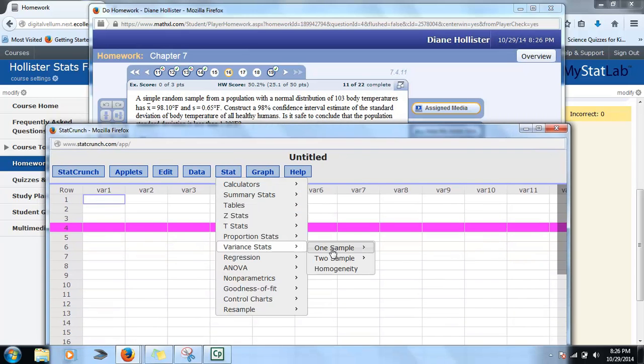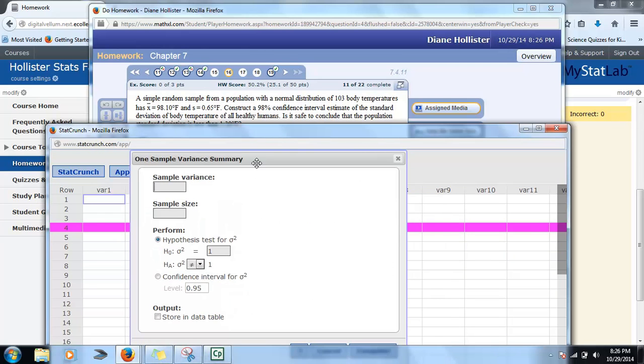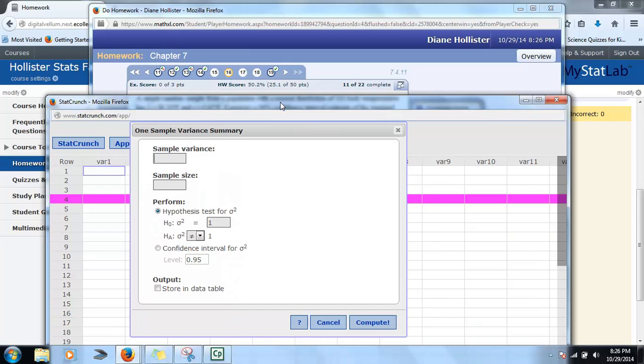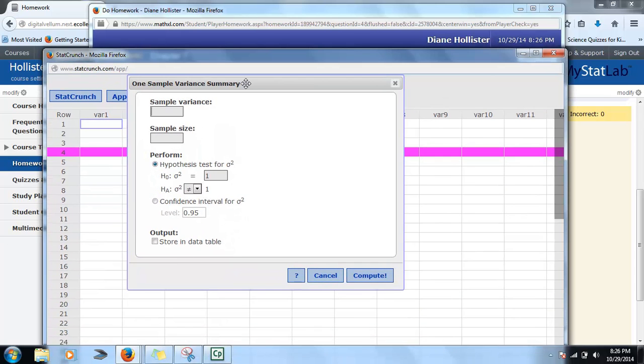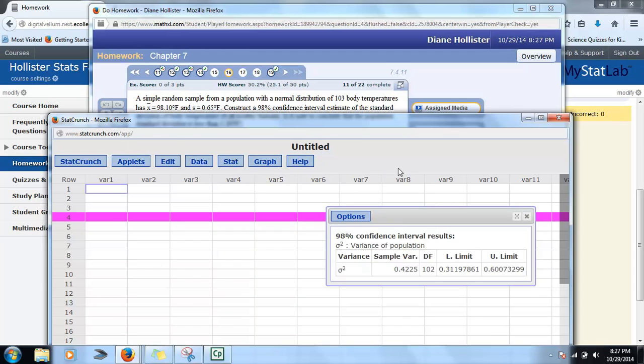So we're going to choose variance stats, and we're going to take a look at this test. Okay, so let's see, sample variance. Well, the sample standard deviation was 0.65, so 0.65 times 0.65 is 0.4225. Sample size is 103. Our confidence interval is supposed to be 98%, and we're going to click compute.